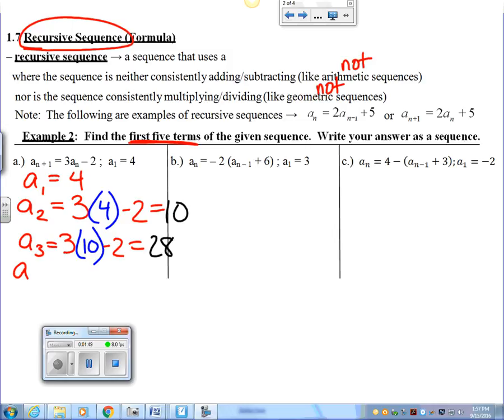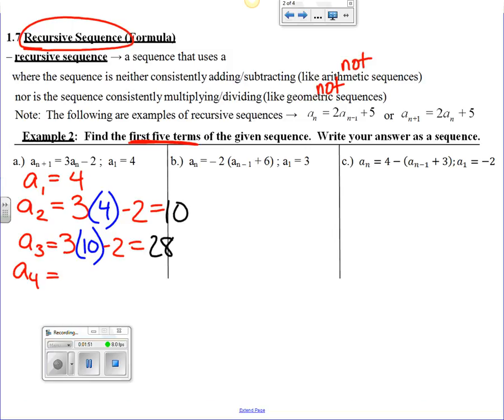So for A4, what would I write? 3. And then what's getting plugged in this spot? 28. It's whatever you got last, minus 2. Those are getting too big to do in your head, so you type it in the calculator: 3 parentheses 28 minus 2. What you got?